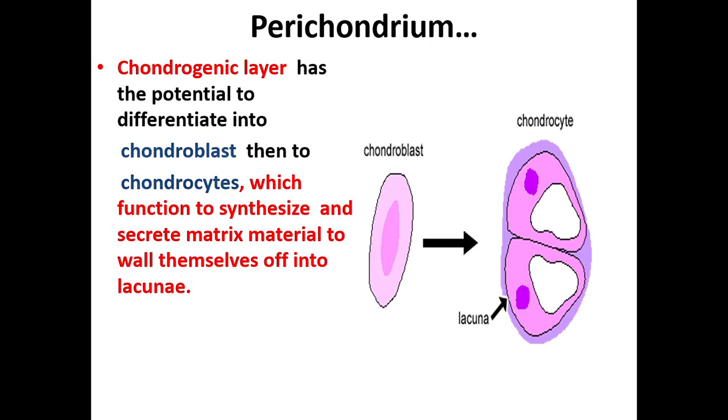Now, the perichondrium has an important characteristic we call the chondrogenic layer. What is present in the perichondrium are young cartilage cells, the chondroblasts, which will later mature to become chondrocytes and function to secrete the matrix.